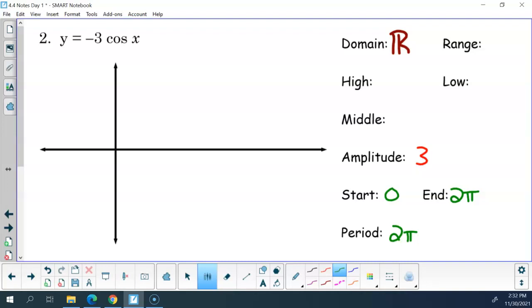Middle is 0 because there's nothing after the trig function. The middle is 0. So if my middle is 0 and my amplitude is 3, right?